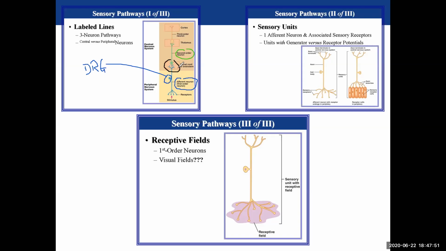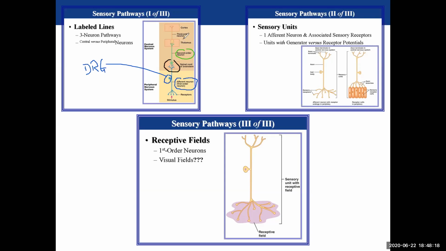And more specifically, it is the distal posterior gray horn of the spinal cord, because there's distal posterior gray horn and proximal posterior gray horn. Okay, and the second order neuron will convey an action potential toward the thalami.